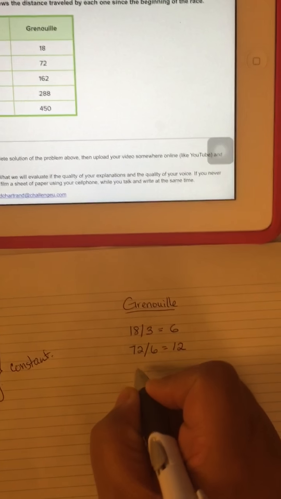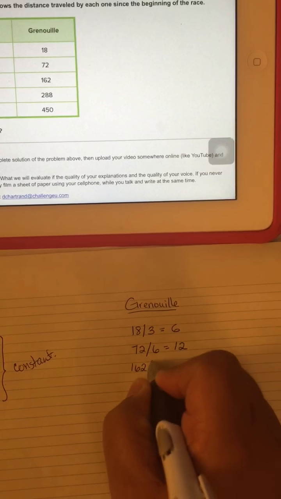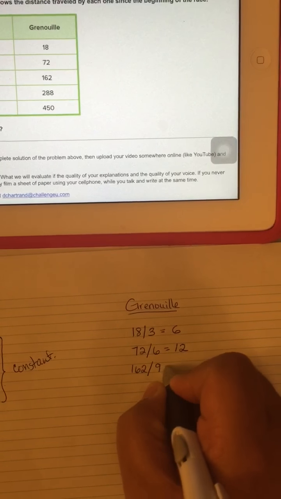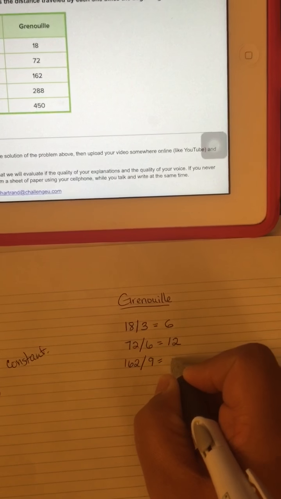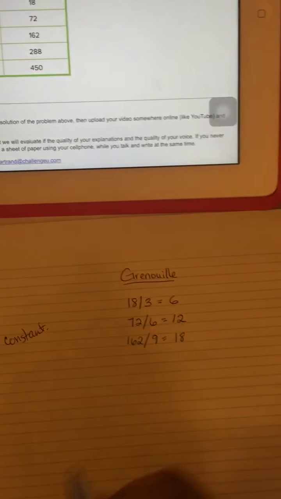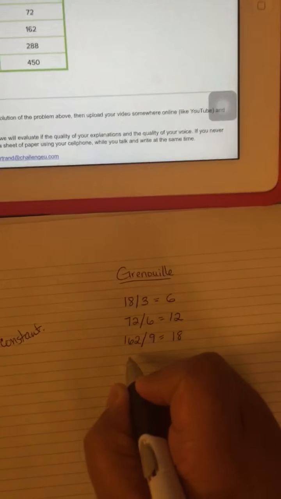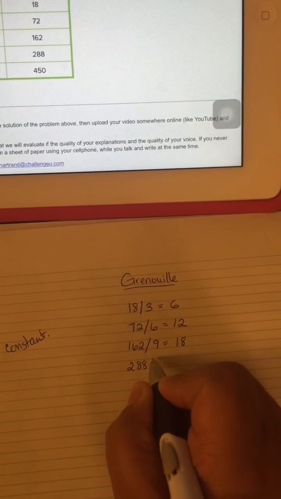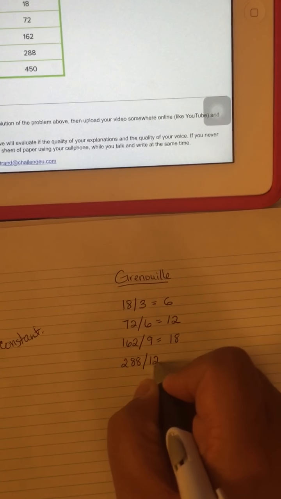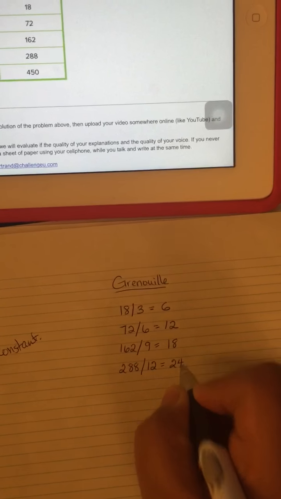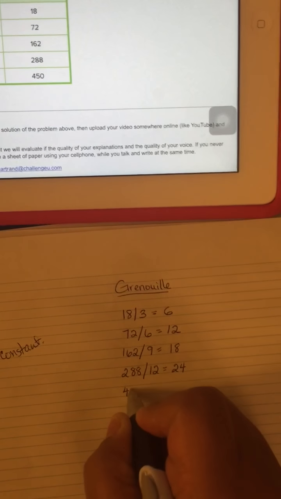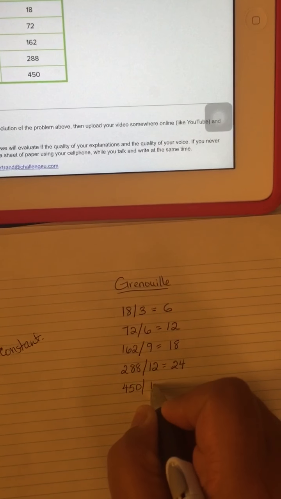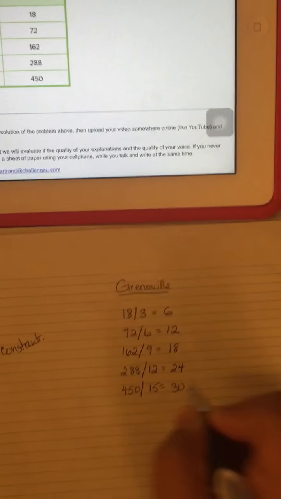The third one is 162, run in 9 minutes, and that gives us 18. 288, run over 12 minutes, gives us 24. 450, run over 15 minutes, gives us 30.